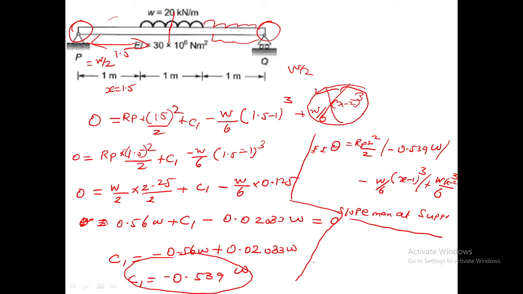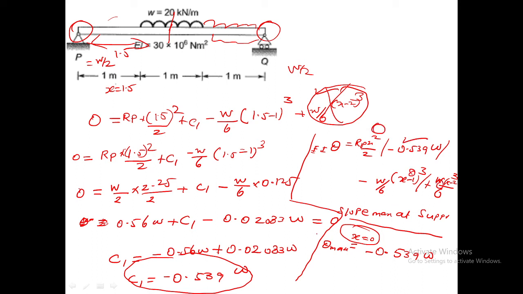So theta max at x equal to 0. The remaining term is 0.539 W, which is C1, and the other terms are 0, no need to consider.